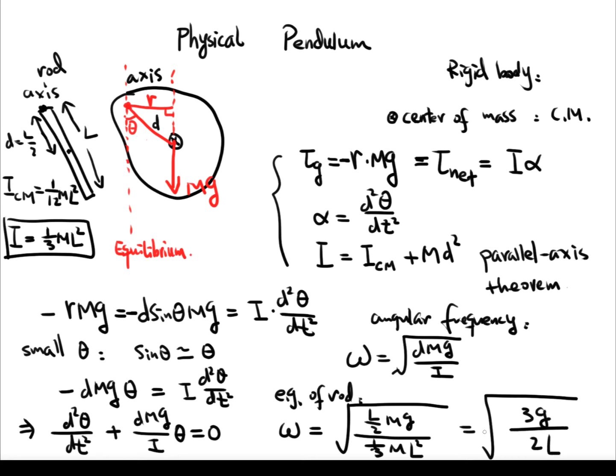That's the angular frequency of a rod's simple harmonic oscillation. If I compare this to the simple pendulum, whose angular frequency is the square root of g over L, we see there's an additional factor of 3/2 in the physical pendulum.